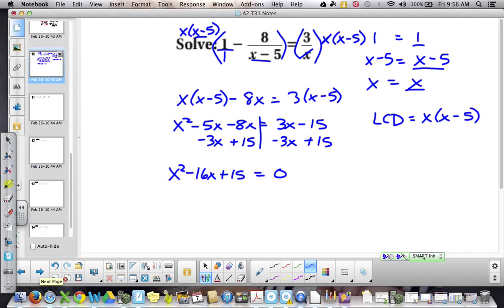We want to factor that, so it'll be x minus 15 times x minus 1, because the two numbers that multiply to 15 and add up to negative 16 are negative 15 and negative 1. Set each one of those factors equal to 0, and you would get x equals 15 or x equals 1.